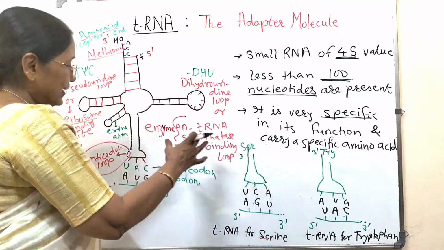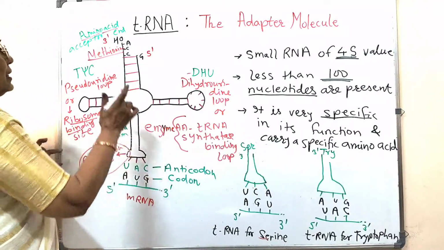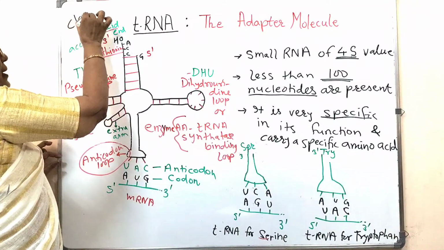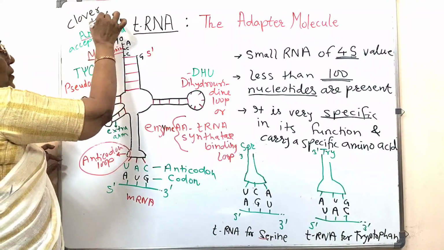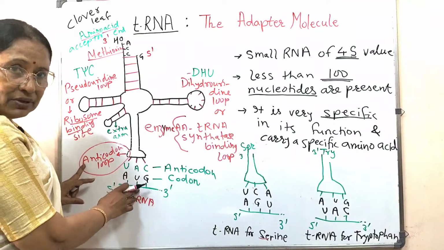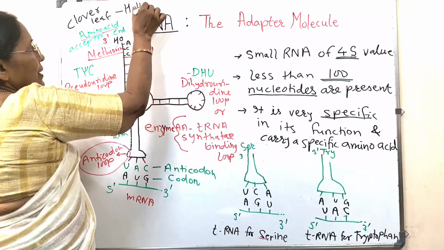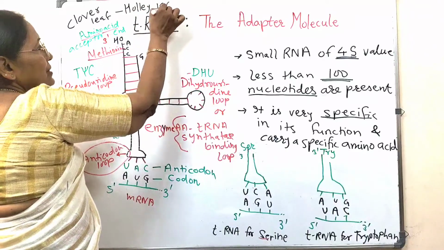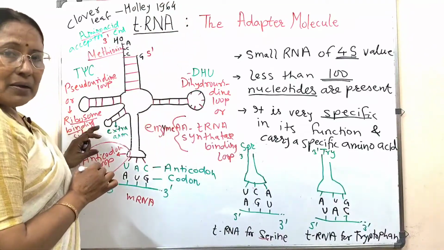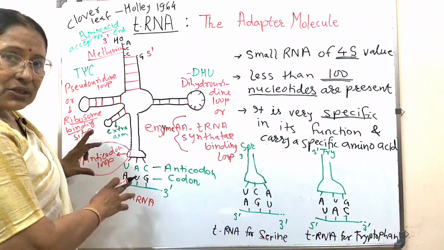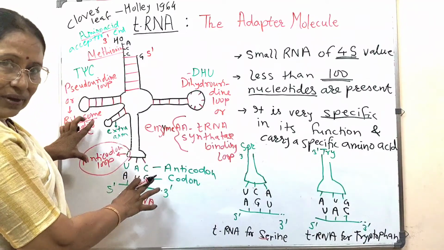When we look at its structure, this is the clover leaf. This is called the clover leaf structure, or the two-dimensional structure. It was given by Holley in 1964. Actually, tRNA does not look like this clover leaf.